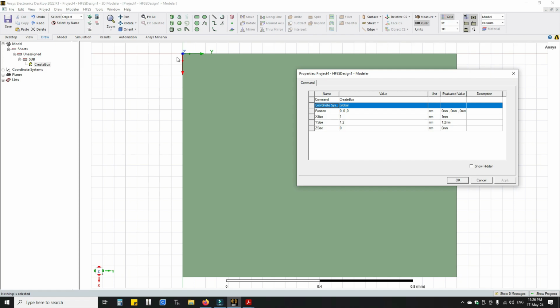We can add multiple coordinate systems according to your requirement. We'll discuss later on why I chose the global coordinates. This is the position where I place the box. Then the length in the x direction, in the same way the y direction, and the thickness in the z direction.